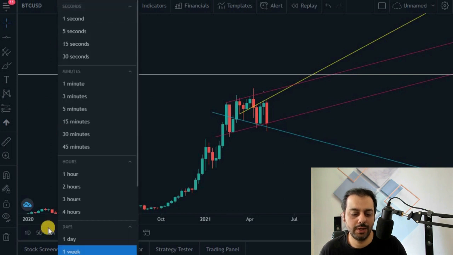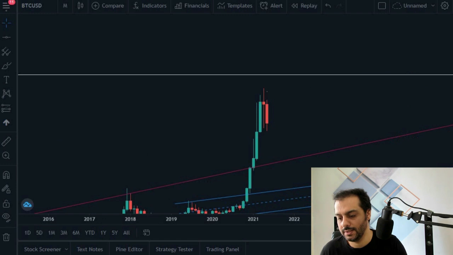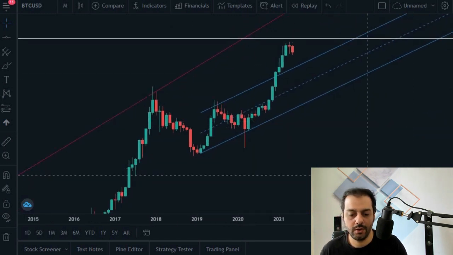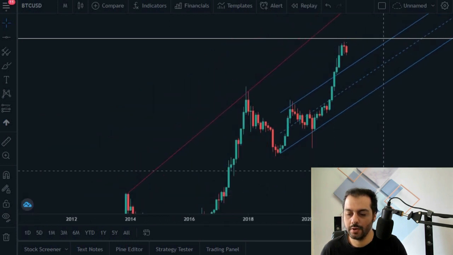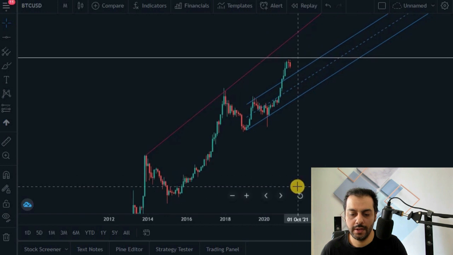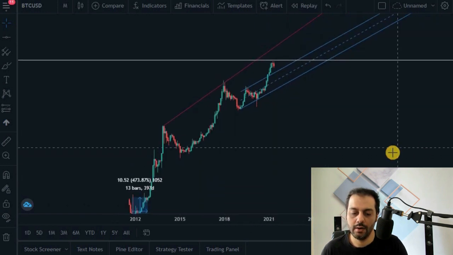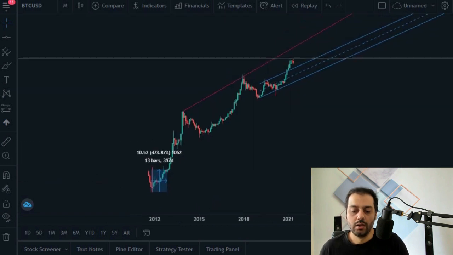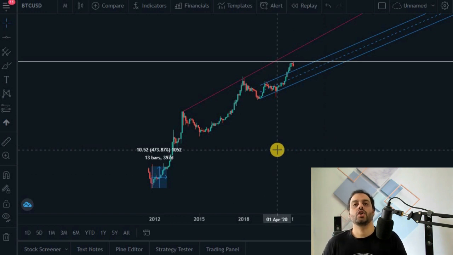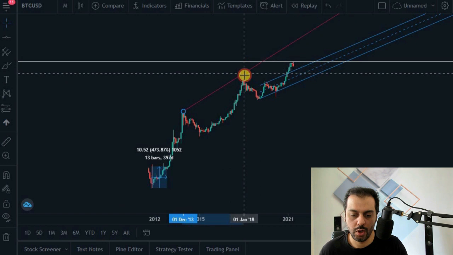For that we need to go to the monthly chart and look at the log version of the chart, and I'm going to zoom out a little bit to see the bigger picture. As you can see, the only resistance that we have on the monthly chart is this one.